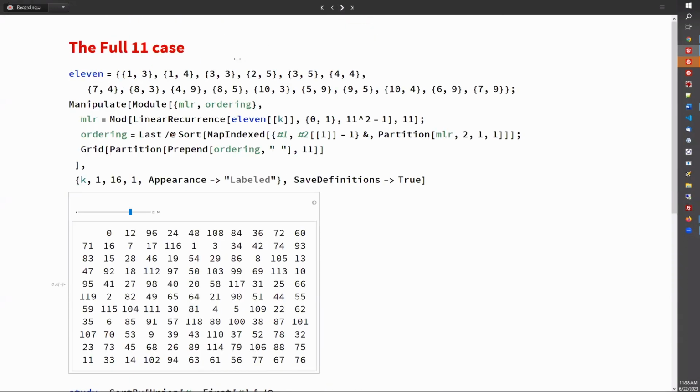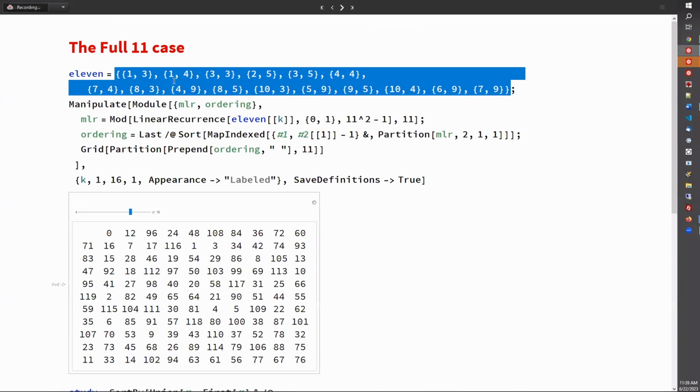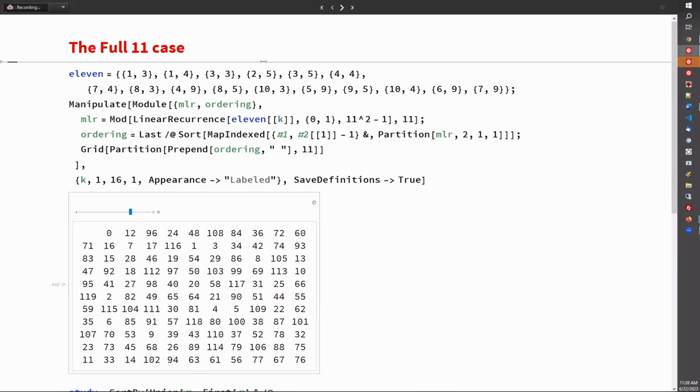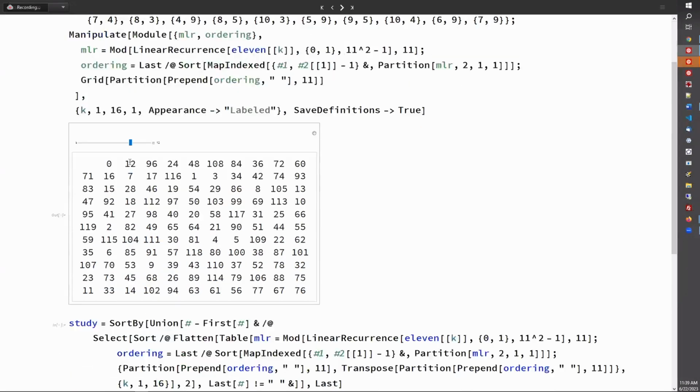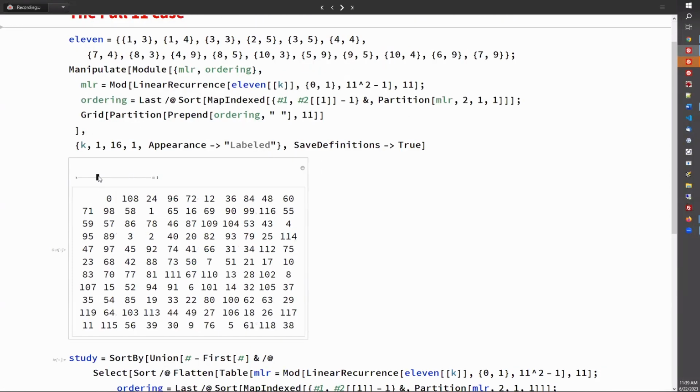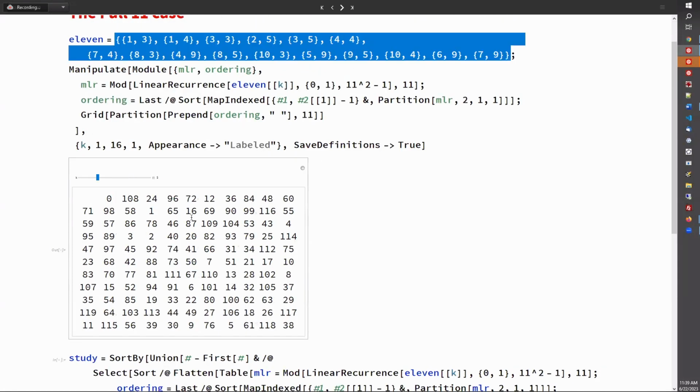So let's take a look at all the cases involving 11. For 11, these are the pairs in a linear recurrence that are maximal, that'll hit all 120 values. If we pick one of these, this is the grid that gets generated.